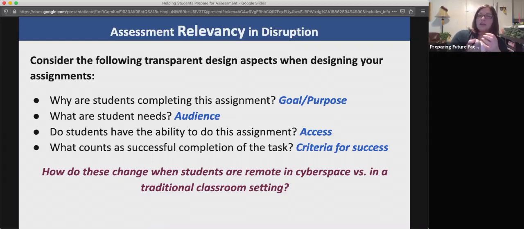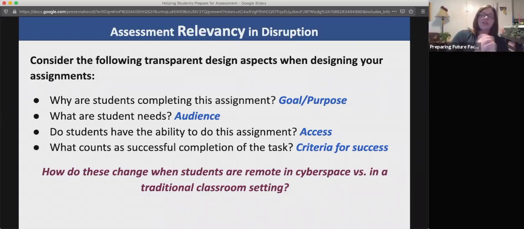And going into my last point here, what counts as successful completion for the task? In other words, a criteria for success. So in an ideal world, I have a clear goal. I know what my audience needs to do on this paper. They all have access to do it right and turn it in. And let's say I make a nice rubric and I tell them everything that I am grading for.